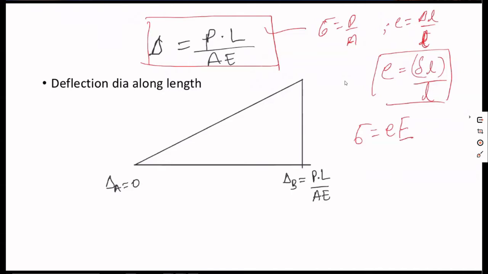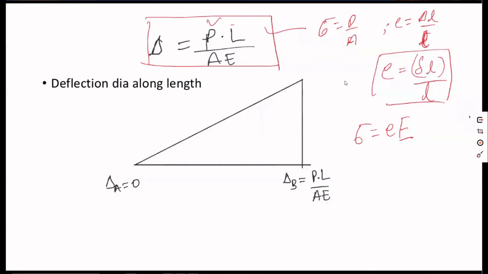We put all these values together to get delta equal to PL upon AE. So this is the formula we have derived for a prismatic bar whose cross section is the same and to which you have applied a load P. L is the length, A is the cross section and E is the modulus of elasticity.